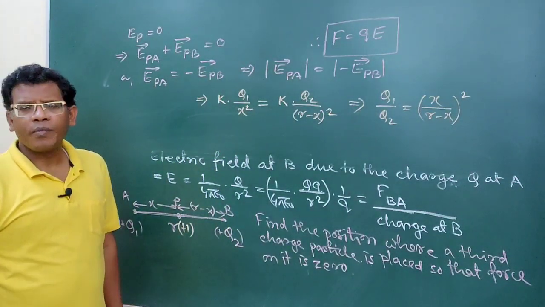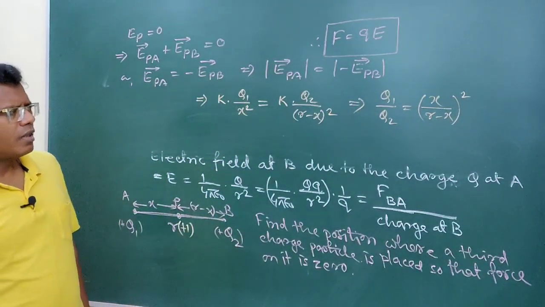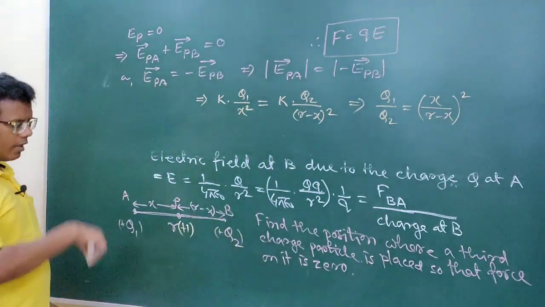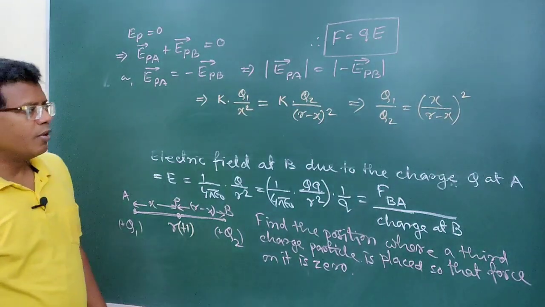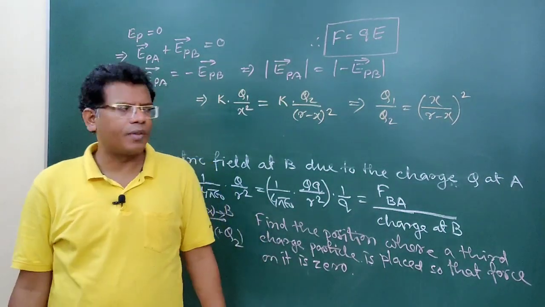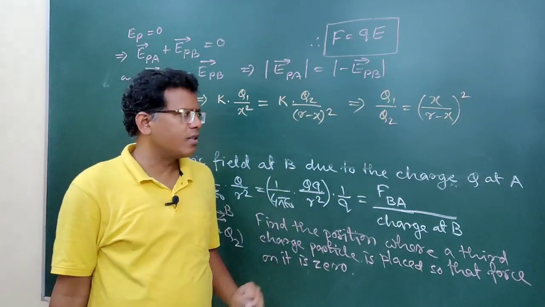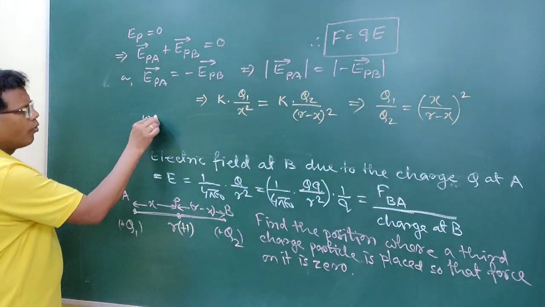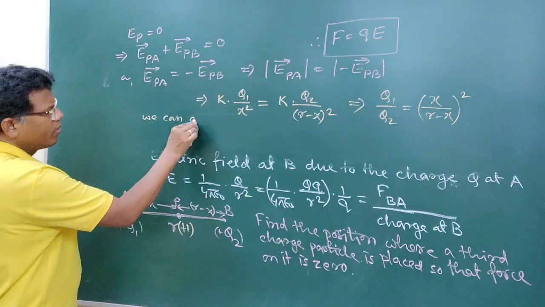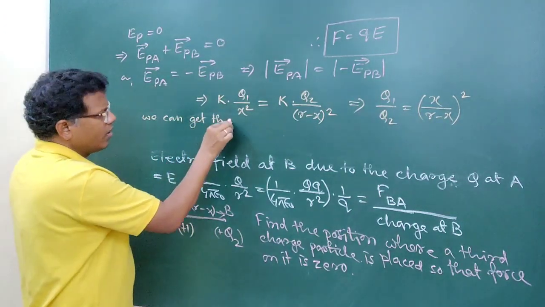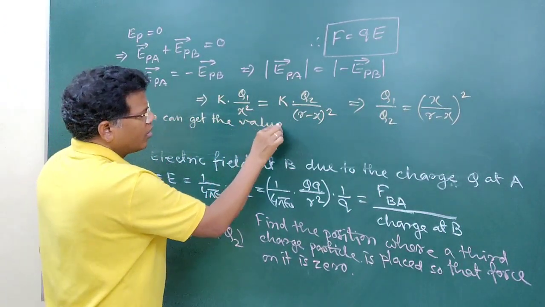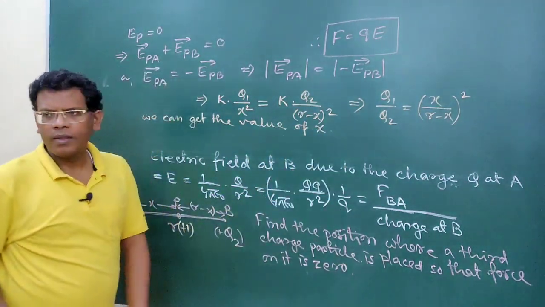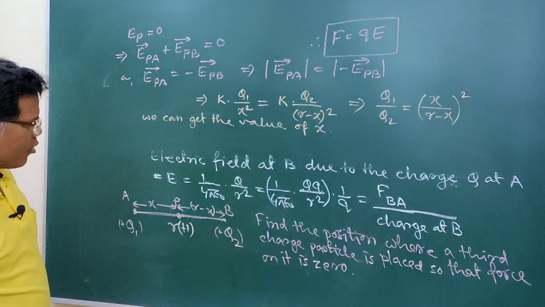Is it clear? I have tried it with the general term. Based on the numerical values of Q1 and Q2 you can simplify this. Using this mathematical relation we can get the value of x.